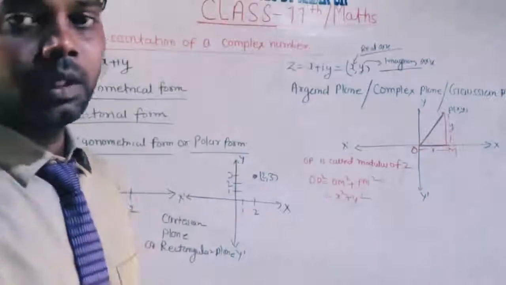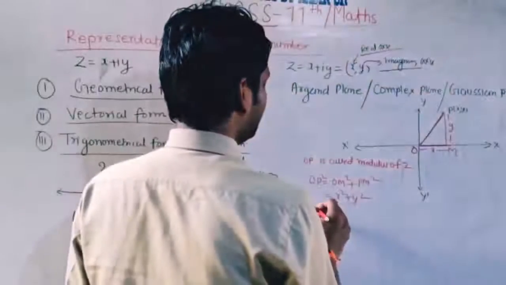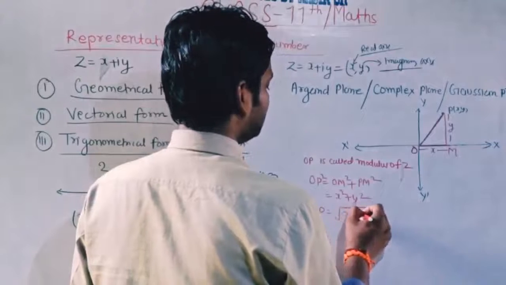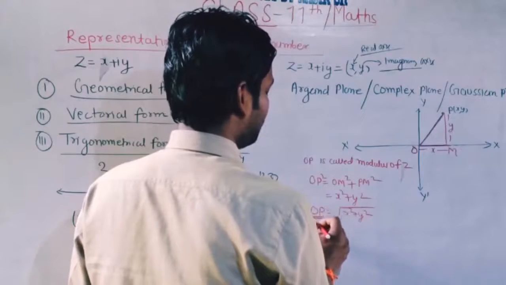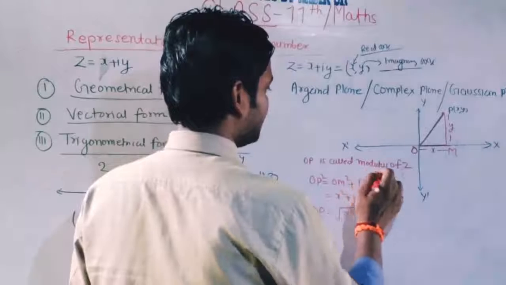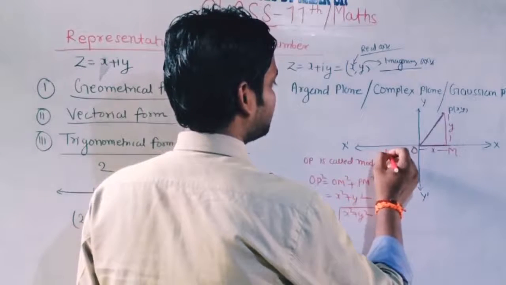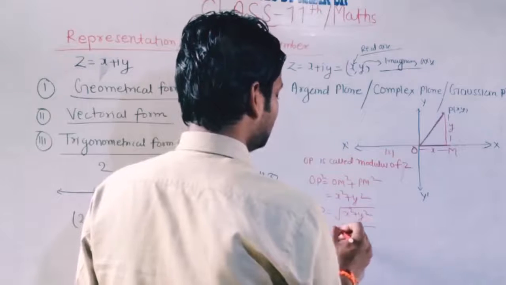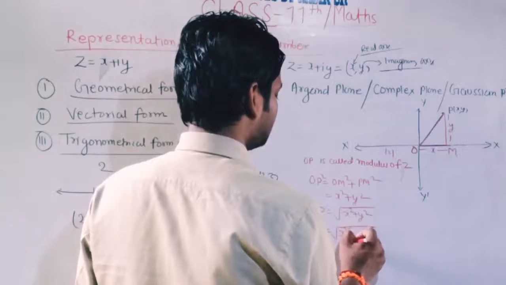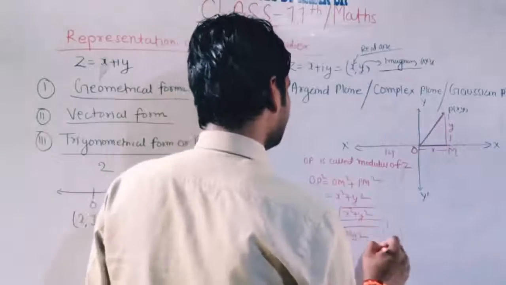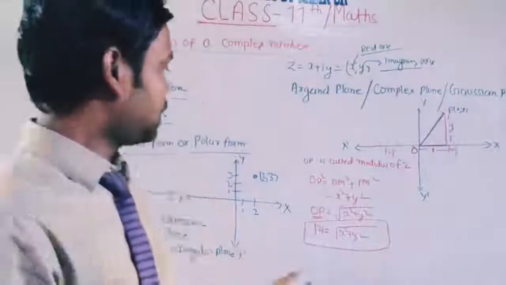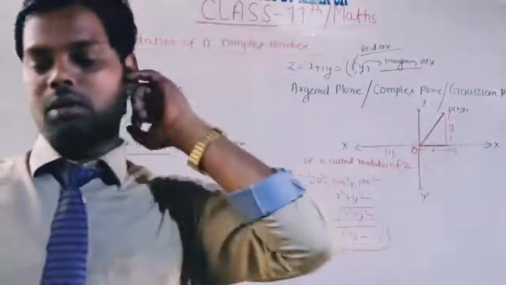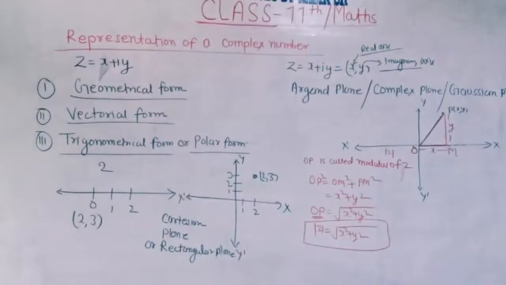OP equals the square root of x square plus y square, so mod z equals the square root of x square plus y square. This length OP is called the modulus of z.